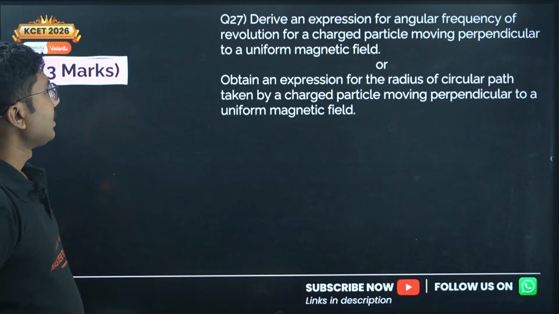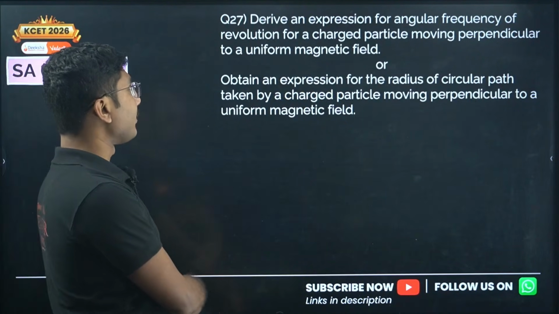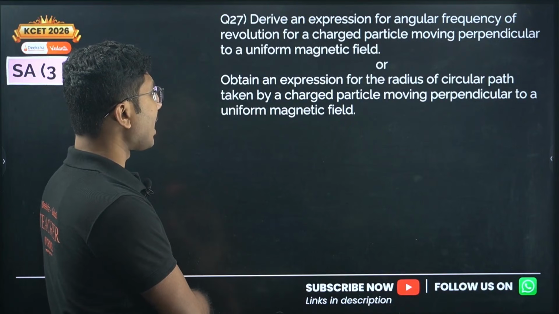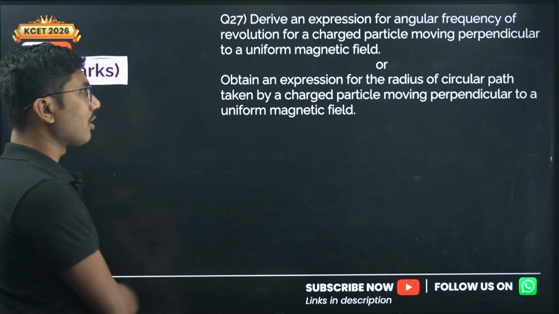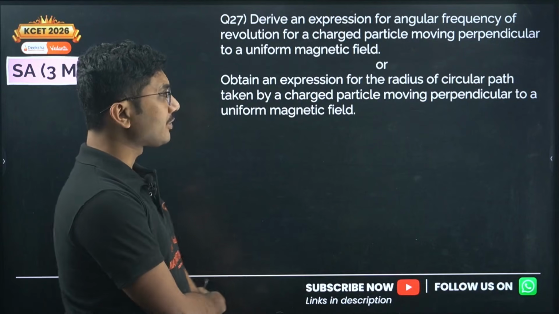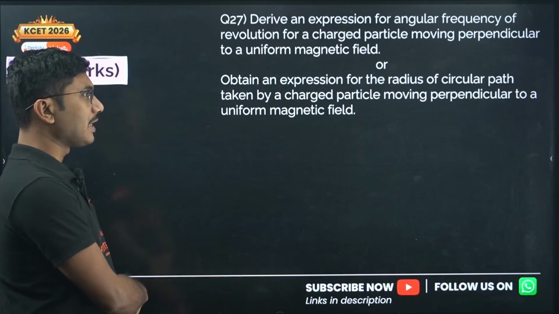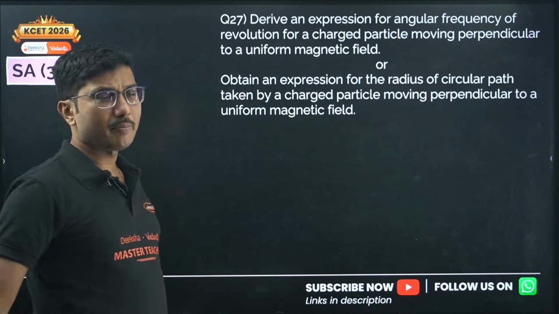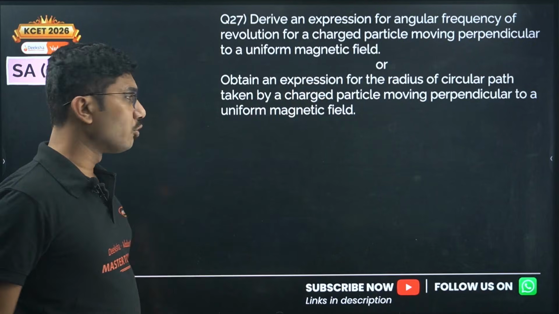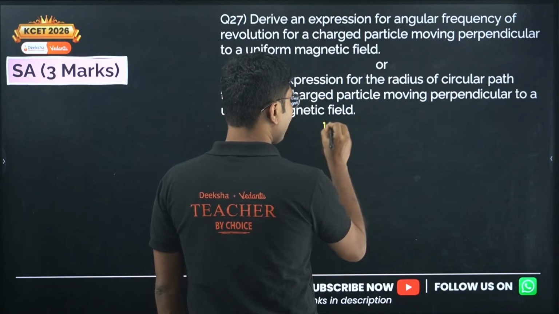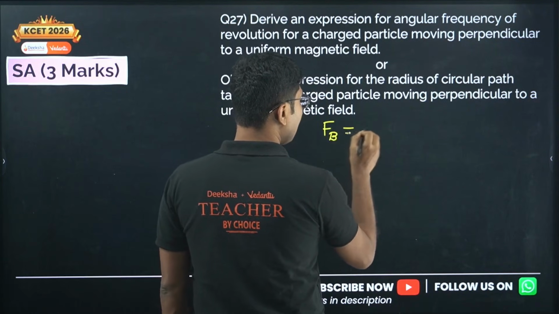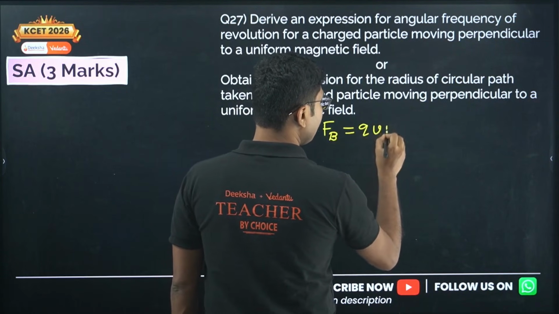Now next, derive an expression for angular frequency of revolution for a charged particle moving perpendicular to a uniform magnetic field, or obtain an expression for the radius of the circular path taken by a charged particle moving perpendicular to the uniform magnetic field. We have solved both of them, but we will do it again. So what is the starting point? The magnetic force is given by QVB.